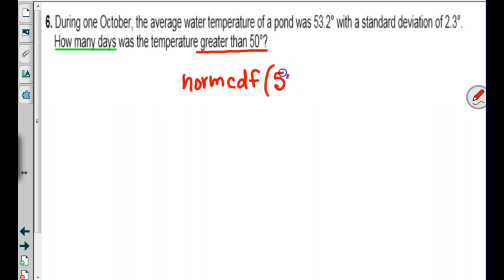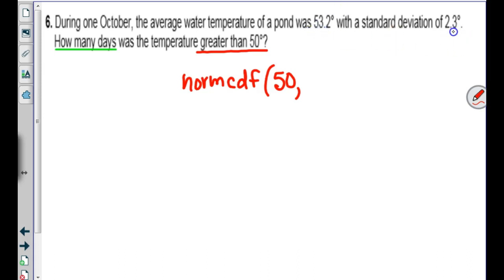So we're going to put in 50. Okay. Now, we could do something fancy for the top and say I want to go 4 standard deviations above. Okay. So you could say the mean is 53.2. I'm going to add 2.3 4 times, and that's going to be roughly my maximum. Or we could just make sure we go above that. What do you want to say?